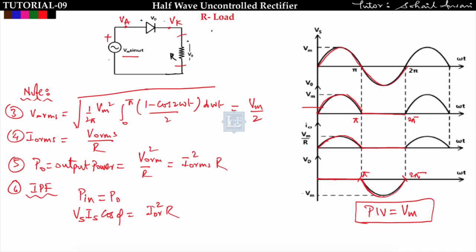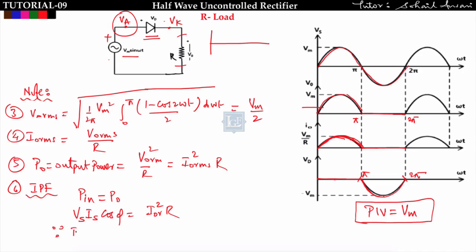See, if I make the waveform of source current, then the source current flows when this diode conducts. When this diode conducts, the output current waveform is somehow like this, equal to the source current waveform. So the RMS value of source current is equal to the RMS value of output current.